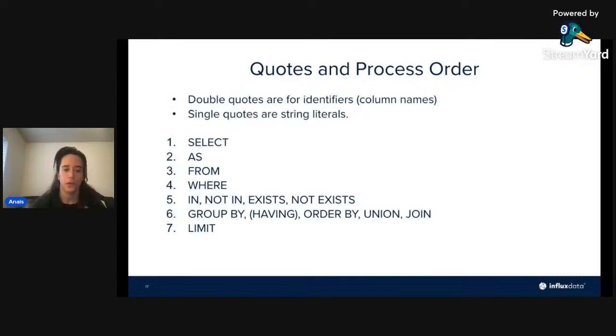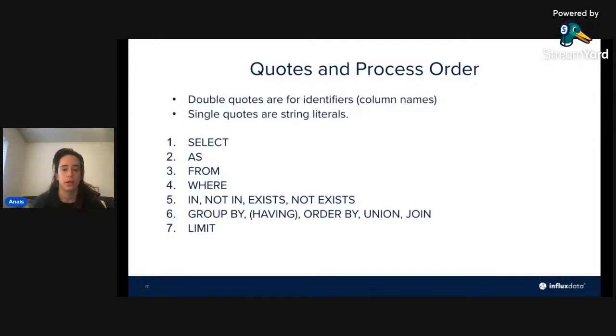But in general, and there are exceptions to this list, this is the way that data is processed as part of the query. So first the select, then any as clauses, then from, then where, then in, not in, exists, and not exists, then group by or having, order by, union, join, and last but not least, limit.